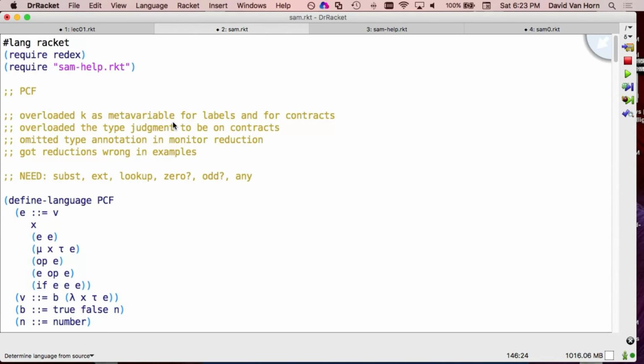I made a list of mistakes that Sam made, because I wouldn't have caught them if I hadn't modeled this stuff while he was up here talking about it. This is really what Redex is great for. If you're reading a paper and you want to understand what's going on in it, fire up Redex and write down what the authors wrote.